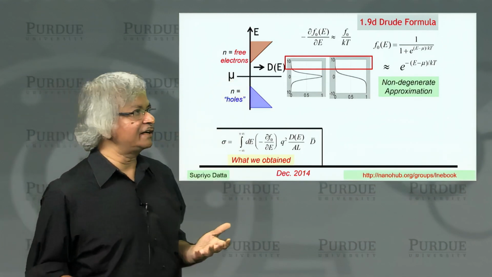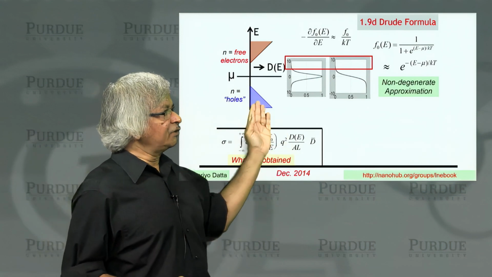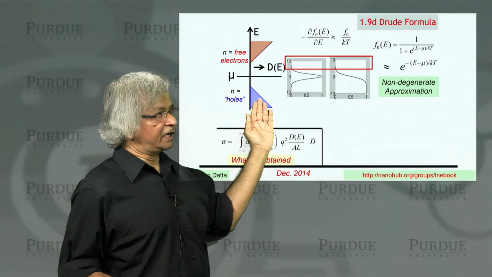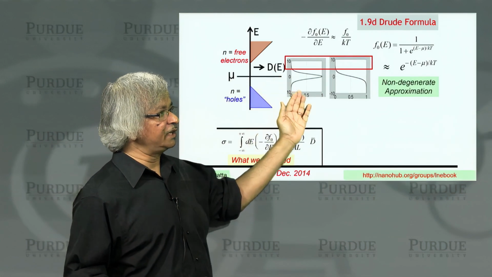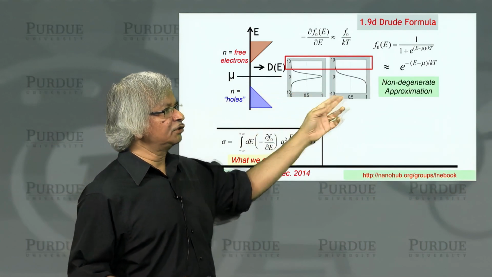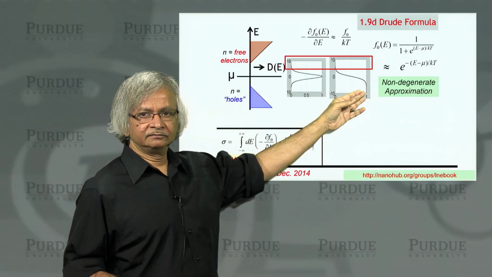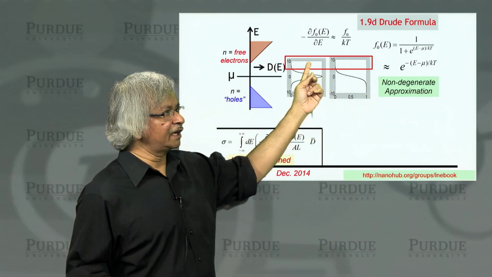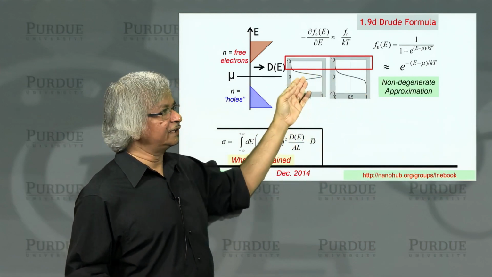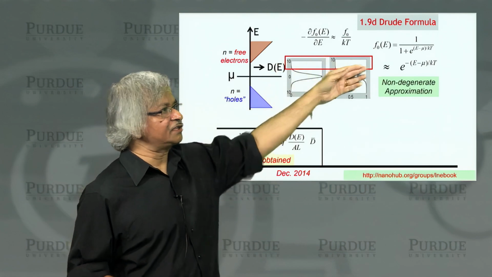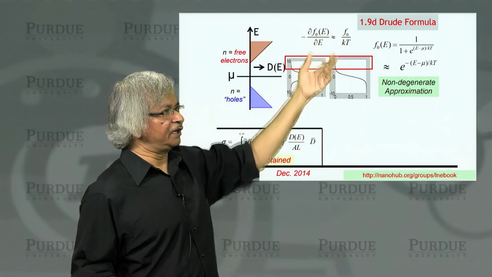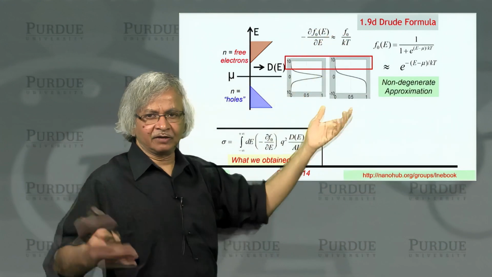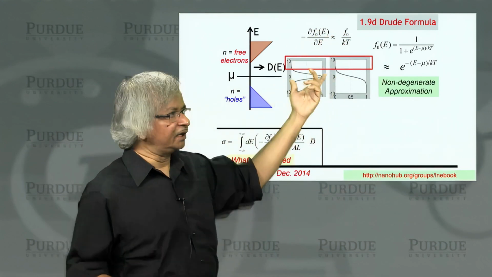Well, one way to understand it is that you see now you're down here and we're looking at this non-degenerate case, but since the mu is here, you see df/dE doesn't look anything like f at all, if you think about it, because here I argued that both df/dE and f are essentially exponentials. So df/dE is equal to f over kT, and that's why the two expressions all become the same.